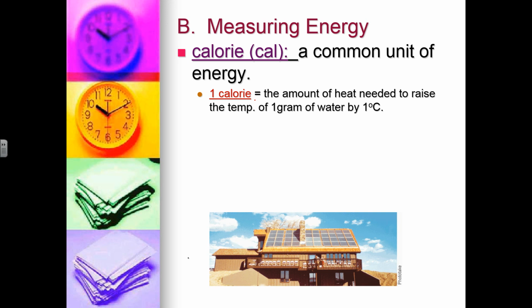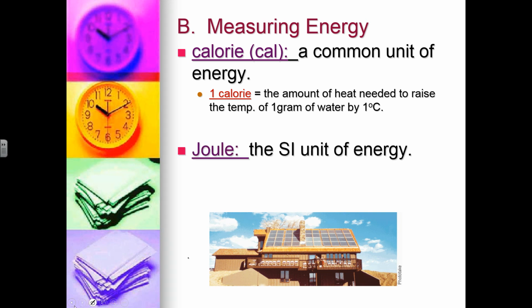And the scientific definition of 1 calorie is the amount of heat that will be needed to raise the temperature of 1 gram of water by 1 degree Celsius. The amount of heat needed to raise the temperature of 1 gram of water by 1 degree Celsius. That's a calorie. So that's a common unit of energy.